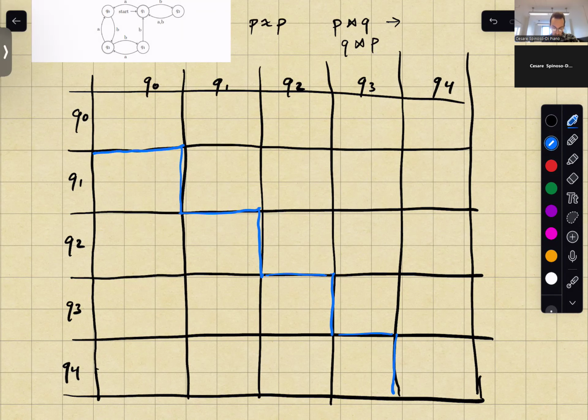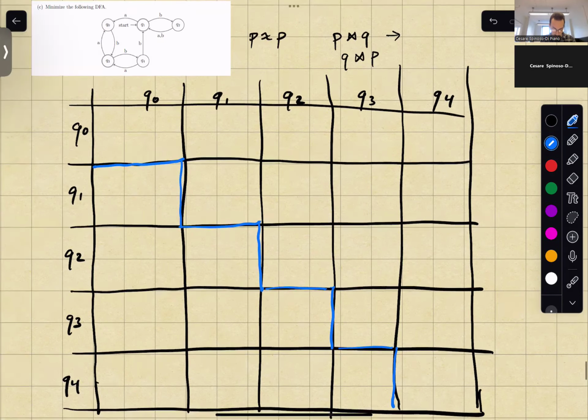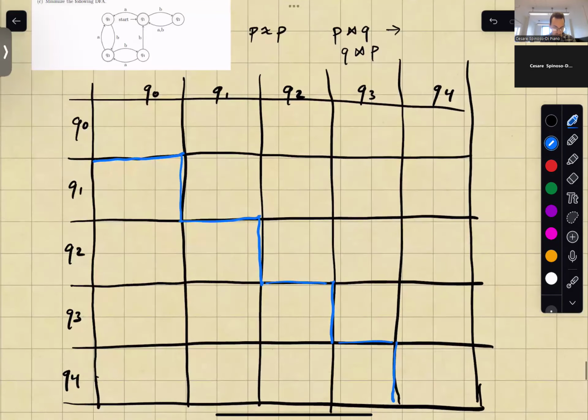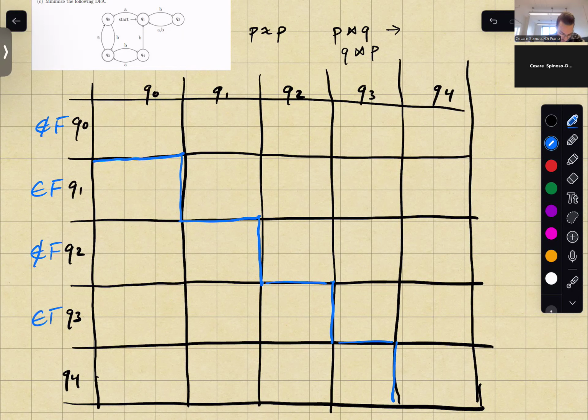Okay, so now I have my table, and I know what area to focus on. The next thing that I like to do when it comes to the minimization algorithm is annotate on the sides whether the state I have is an accept state or not. So let's see, Q0 is not an accept state, Q1 is an accept state, Q2 is not an accept state, Q3 is an accept state, and Q4 is not an accept state.